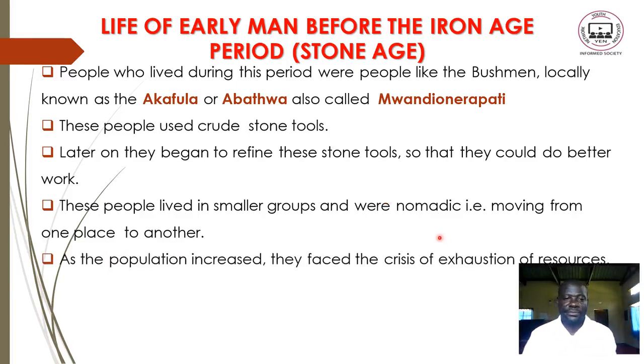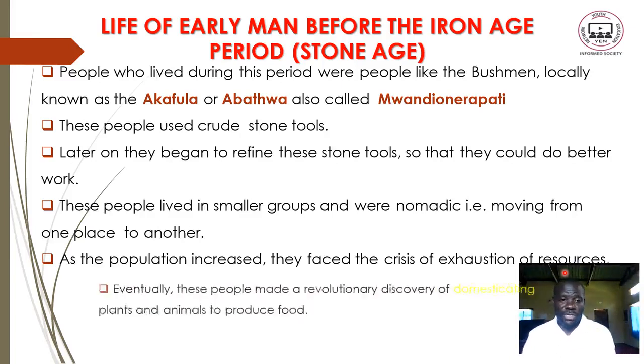As population increased, they faced the crisis of exhaustion of resources. As they were swelling in numbers, we're talking of the early people before the Iron Age, the resources became scarce. Therefore, they were facing those problems.